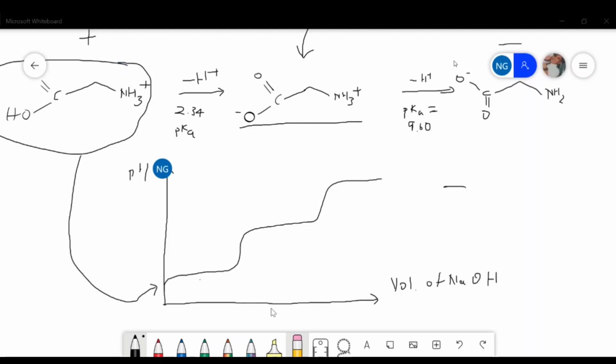Yeah. So do you know what the pH here is? He said 2.34. 2.34, right? Yeah, so essentially here the pH is pKa1, because this is the first half-equivalence point.